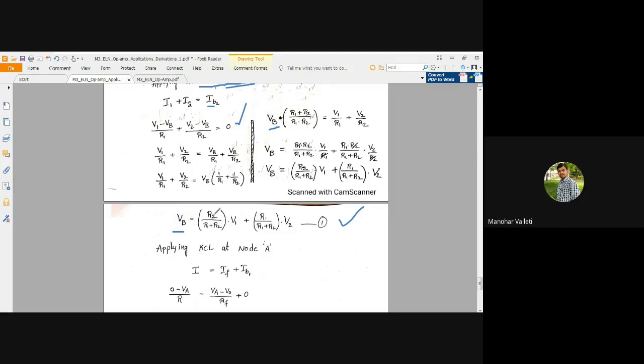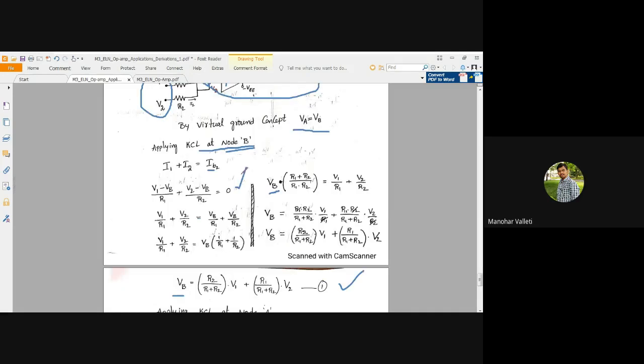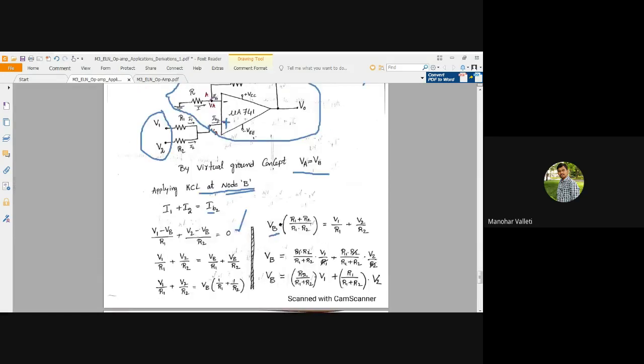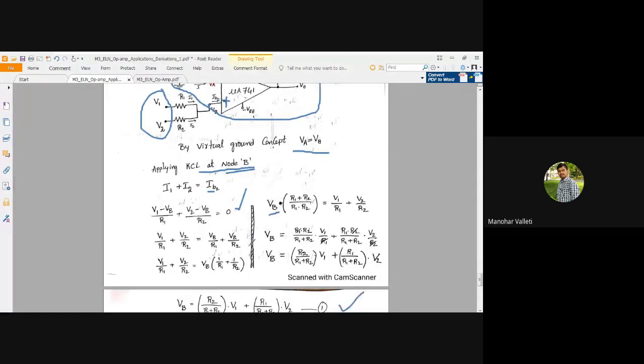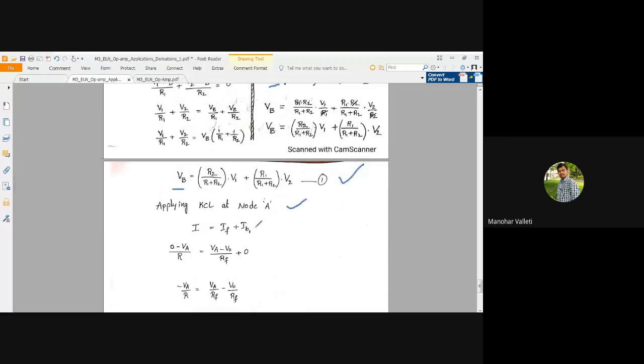In the same way, if you apply KCL at node A, I equals IF plus IB1. I followed some notations here to make the mathematical derivations easier rather than making confusion.